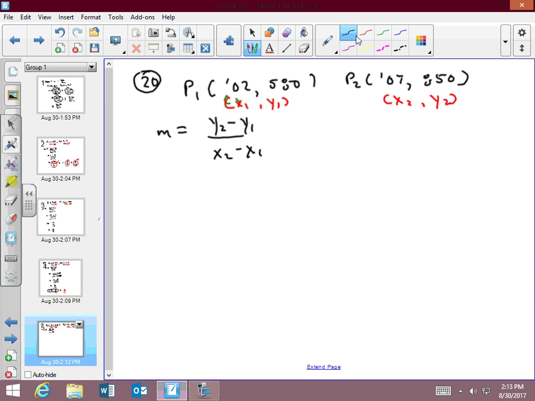So when we substitute in there, y2 is 850,000 minus y1, 580,000. x2 is 07 and x1 is 02. So that numerator is how much? 270,000, right? And the denominator is 7 minus 2 is 5.